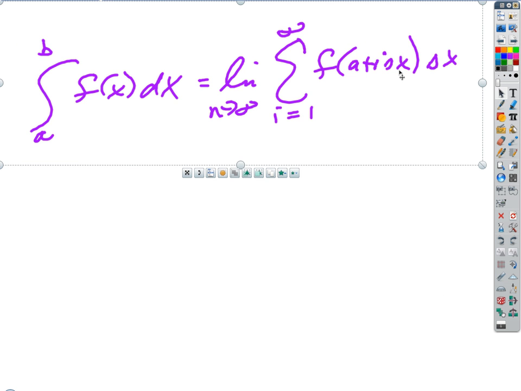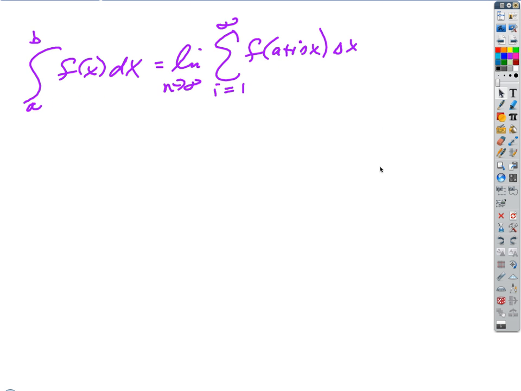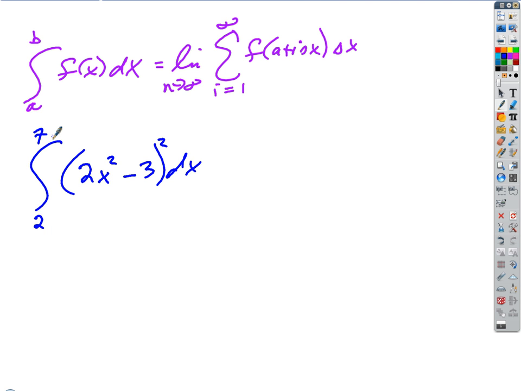So I want you to practice one time just setting up the limit. How would we do this problem? Set that up as a limit, or as a limit of a sum?